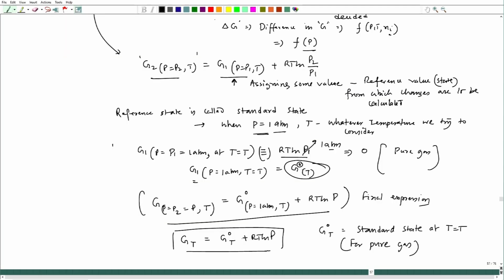Now, we say that standard state is basically 1 atmosphere, 298 Kelvin. Instead of that, we must say the standard state value at any other temperature, let us say 1000 Kelvin or 500 Kelvin, any value, but whenever we put this, it makes sense that this is for a pure substance as well as when pressure equals 1 atmosphere.